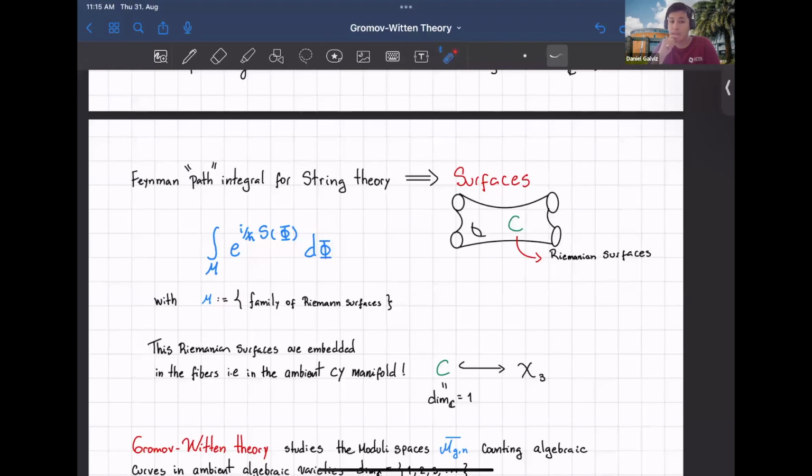Because in topological string theory, you can do this integral of paths up to finite automorphisms, which makes this moduli space finite. So in string theory as well, we will consider a topological string theory, because then you will have finite Riemann surfaces specified by the topological characteristic.